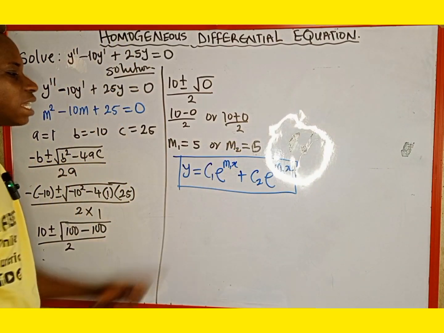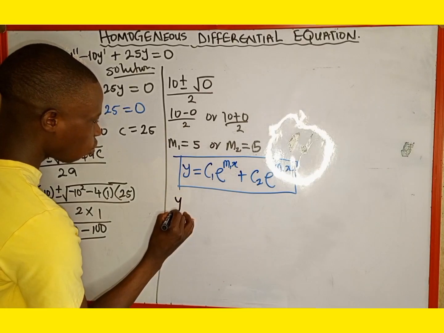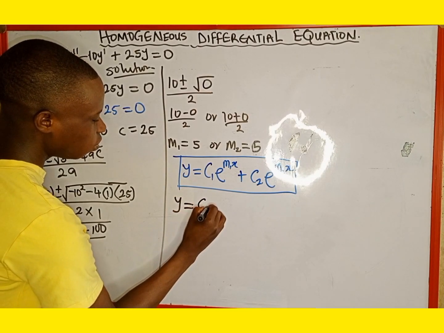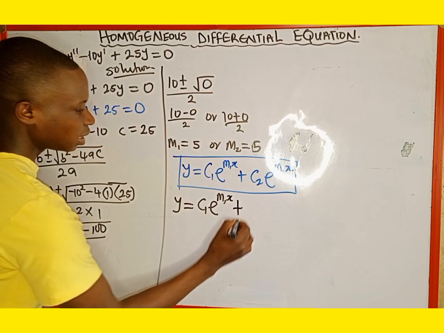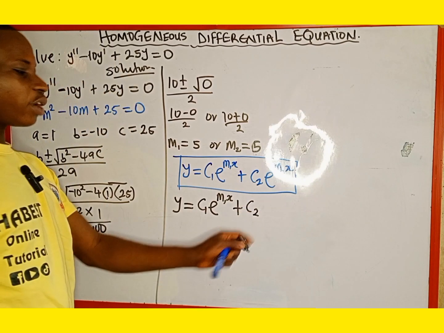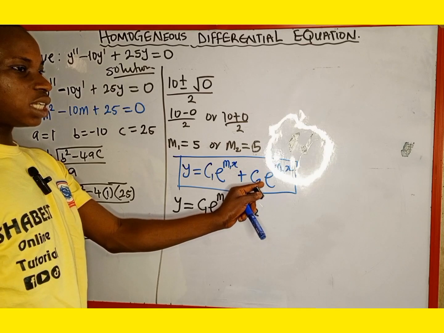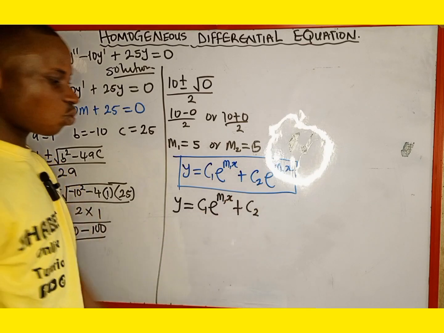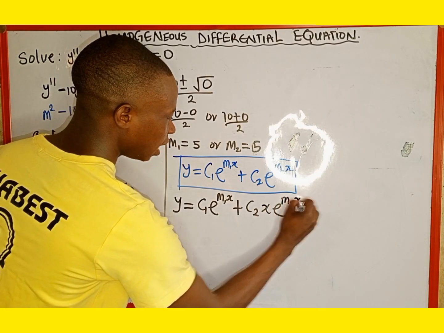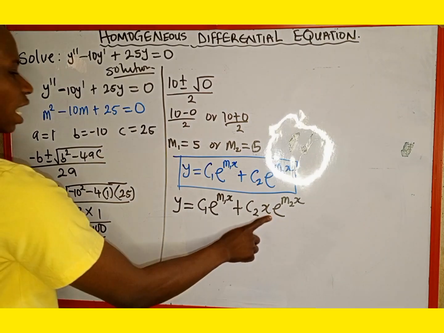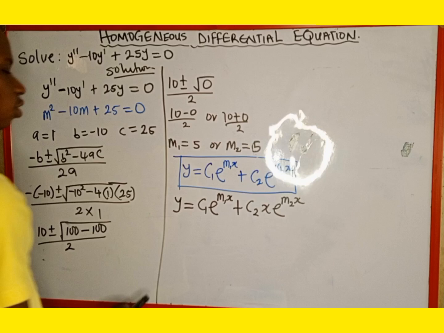But in this case where the roots are equal, the general solution we are going to use is y is equal to c1 e to the power of m1x plus c2 x e to the power of m2x. We multiply x to the second term so that it will be different from the general solution when the roots are unequal. You notice that there is x here, but there's no x there, so that makes this one different from the previous one we used.